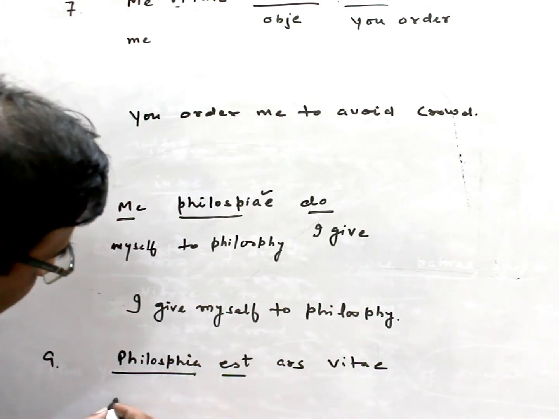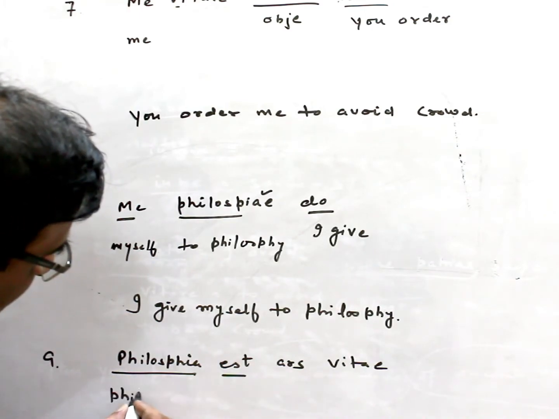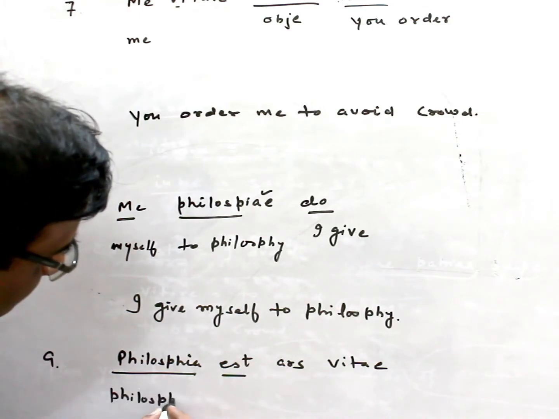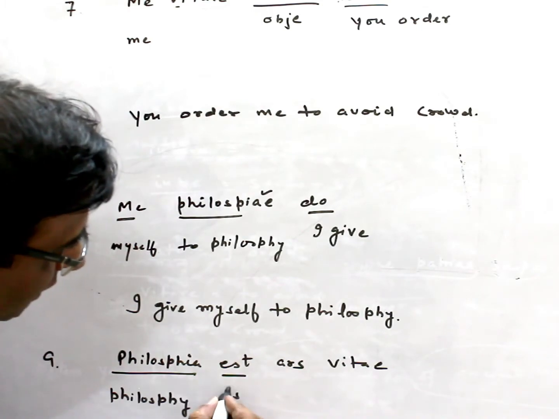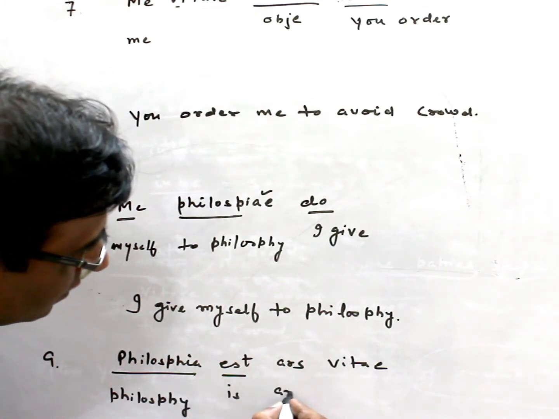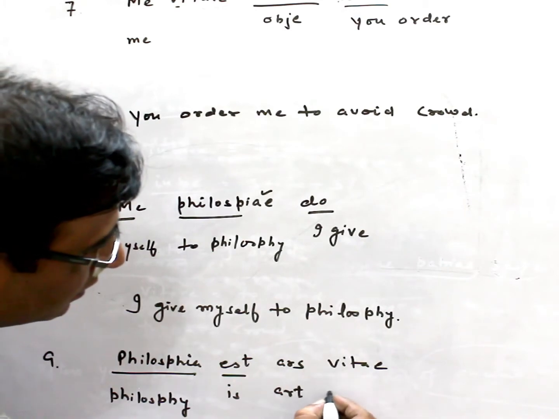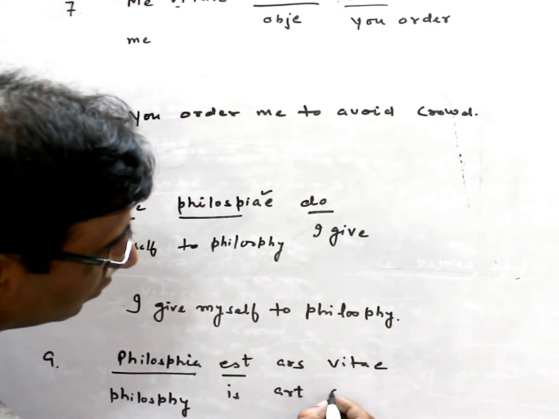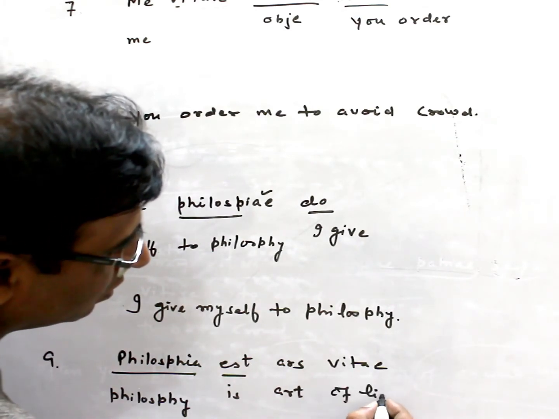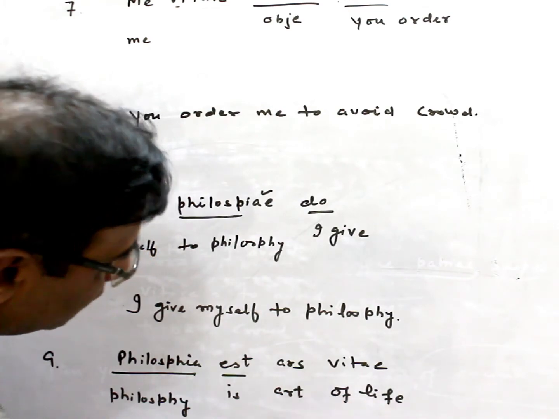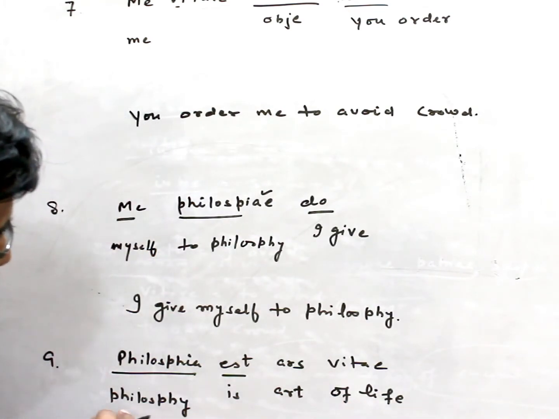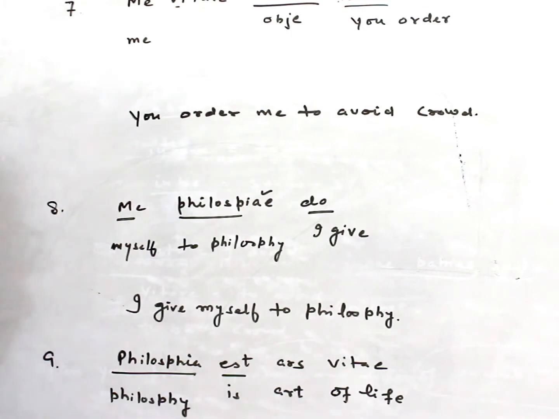Est means is. This means art. And this is genitive of life. So the sentence: philosophy is art of life. Philosophy is art of life.